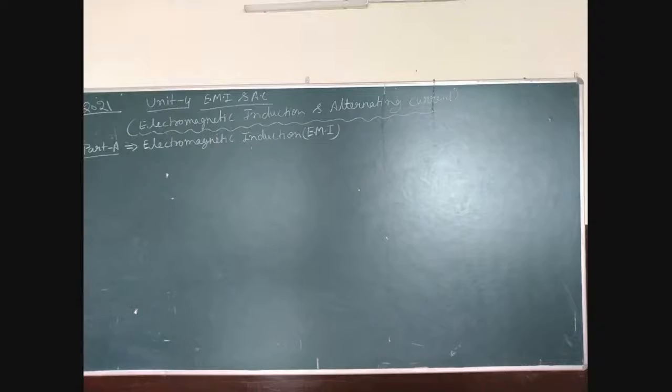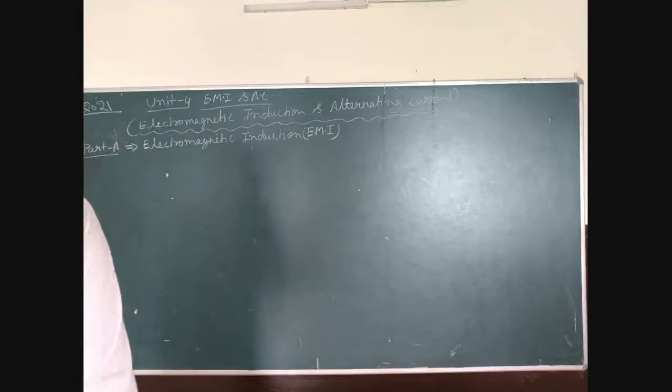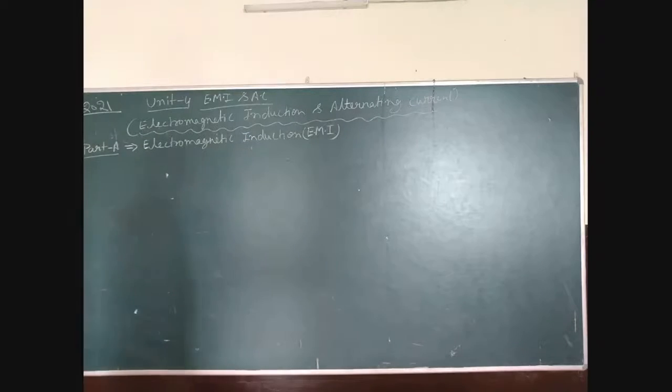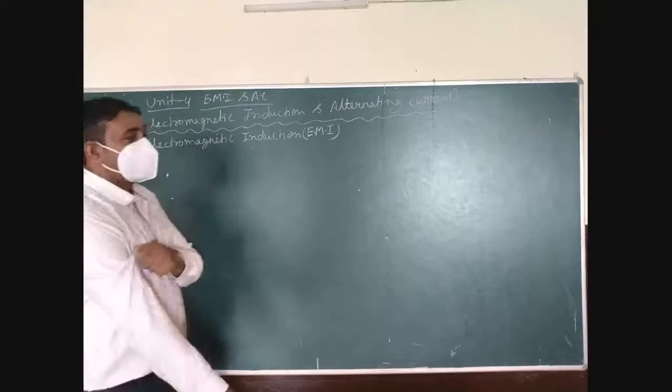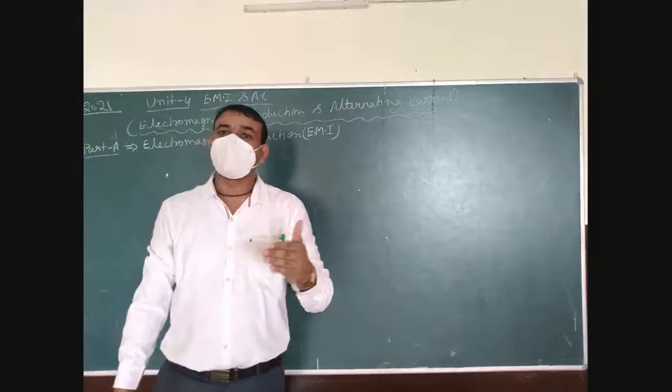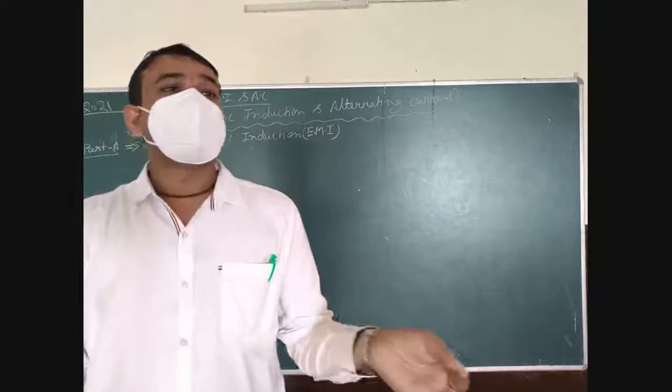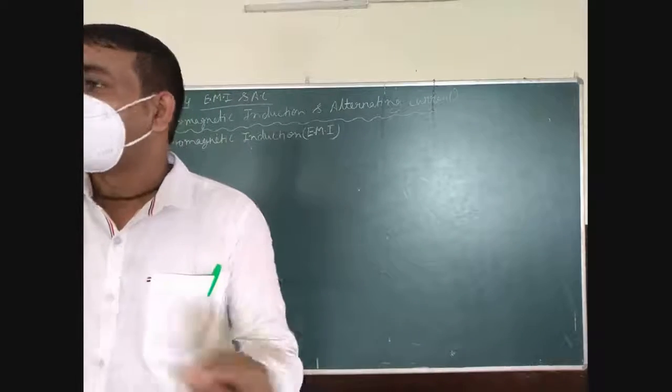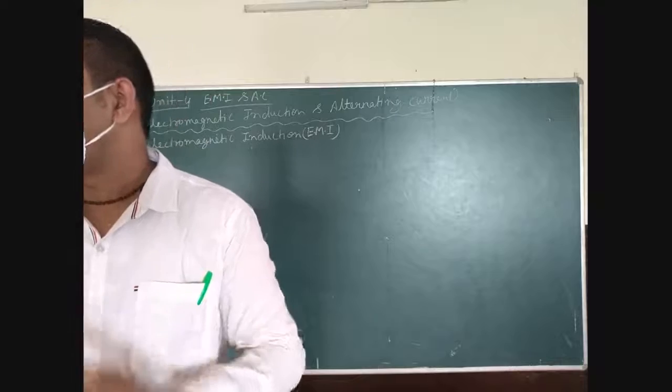Now let us understand what induction between the electro and magnet is. As you know, whenever a current is passing through a conductor, it will create a magnetic field around the conductor.